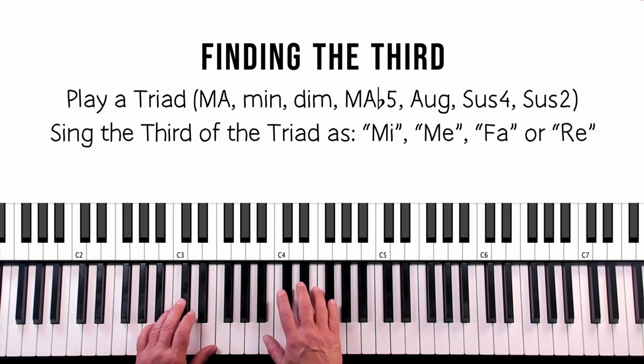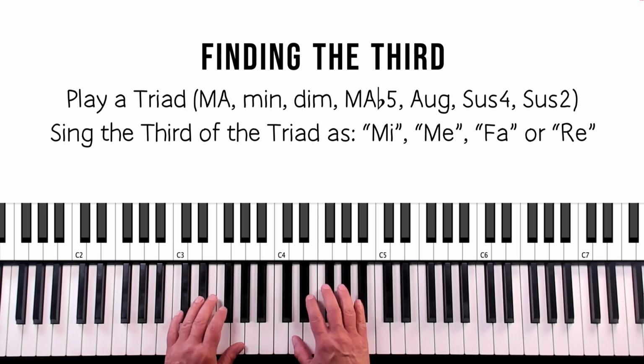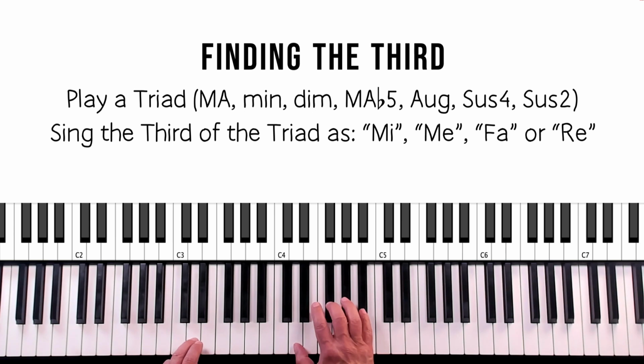And let's go to B sus4. We're gonna sing the middle note, the fourth, Fa. And moving on, let's go to D augmented. Let's play a D augmented triad, and we're gonna sing the third.